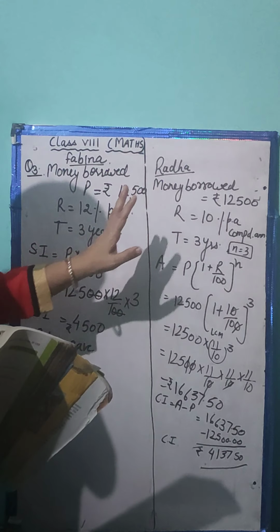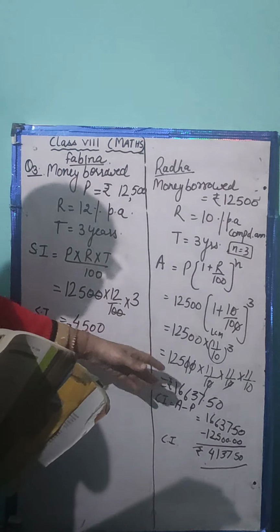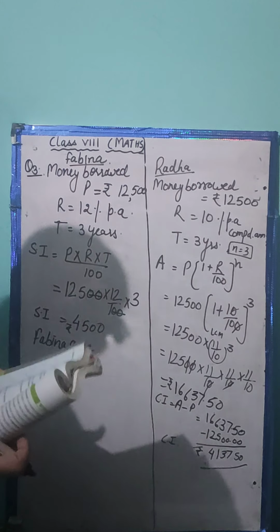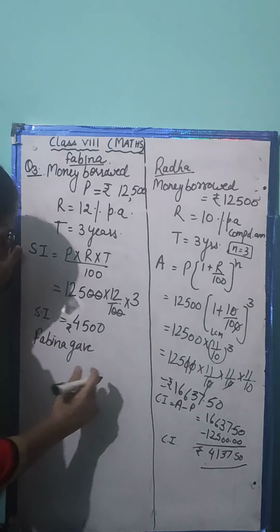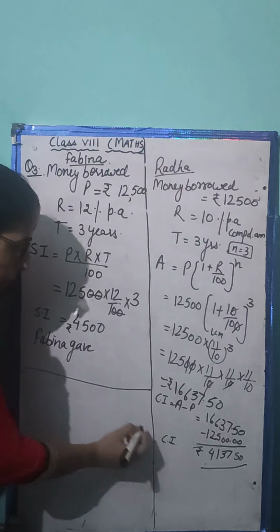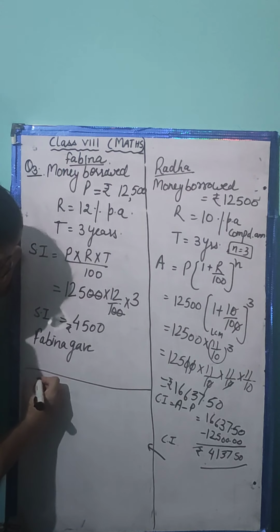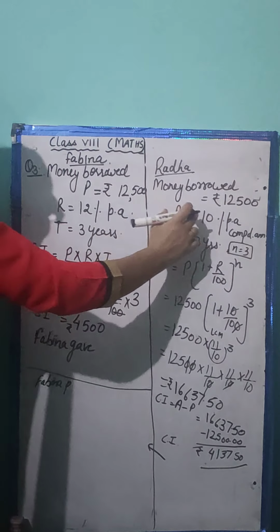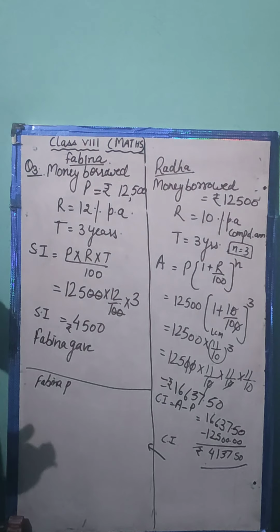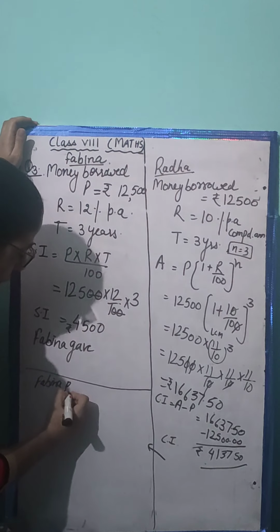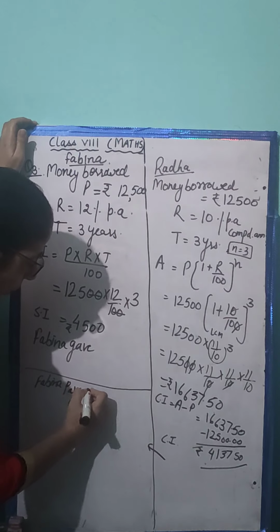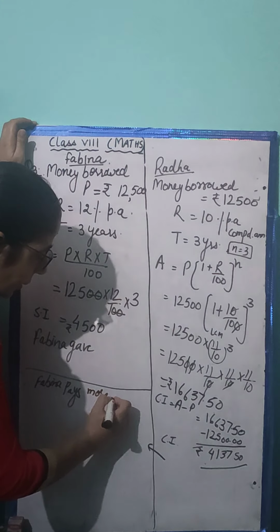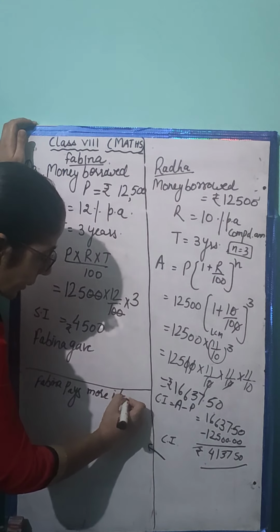So Fabina is paying more interest, and we will get how much by the difference. Fabina pays more interest because here the rate of interest is 12% and here the rate of interest is 10%. So Fabina pays more interest, and what is the difference?